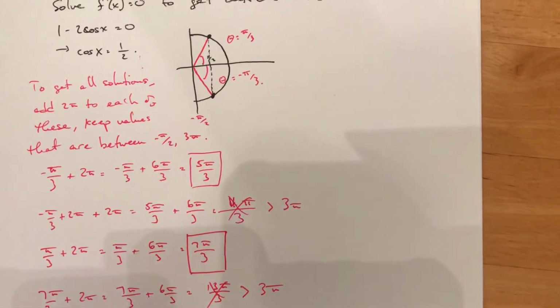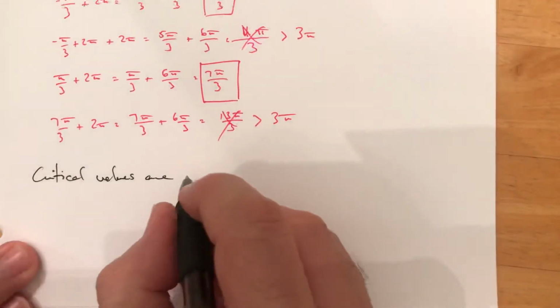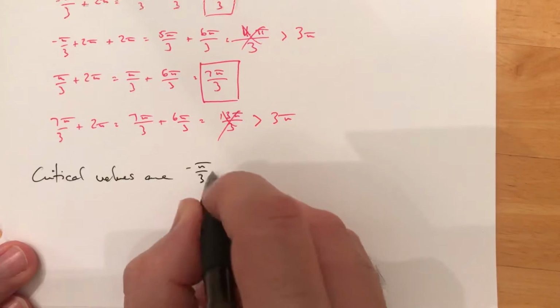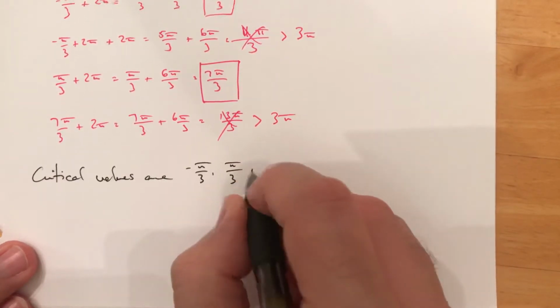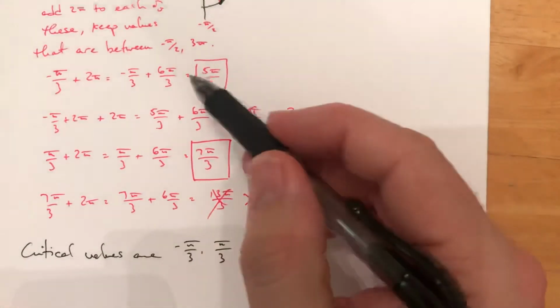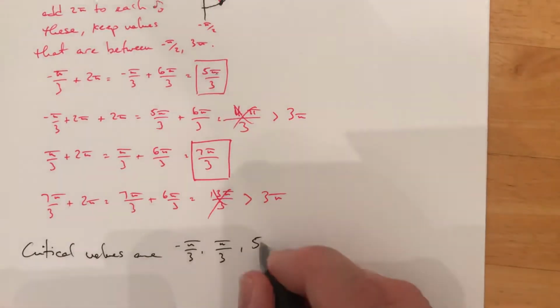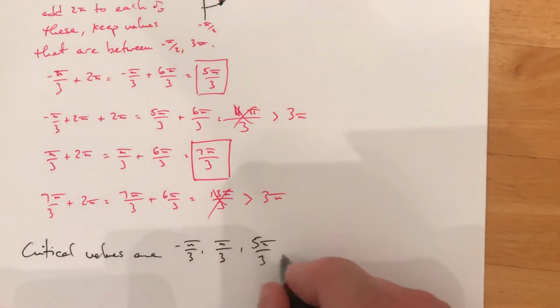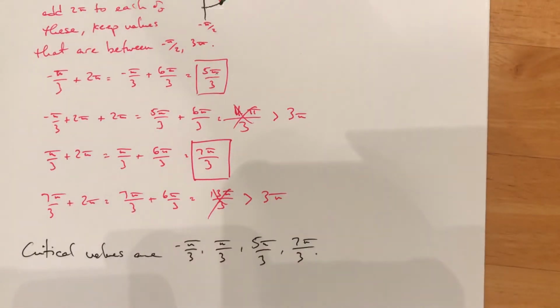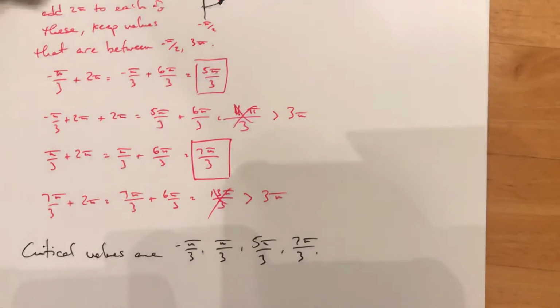Our critical values are negative pi over 3, pi over 3, and then we are going to keep the 5 and 7 pi's over 3 to form our intervals.